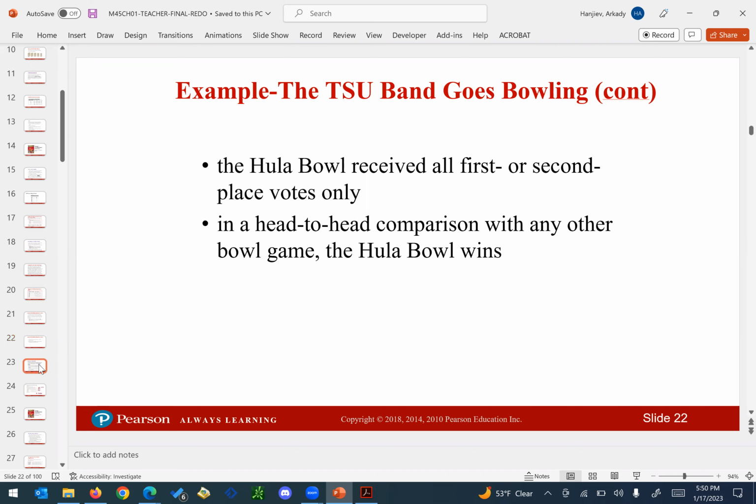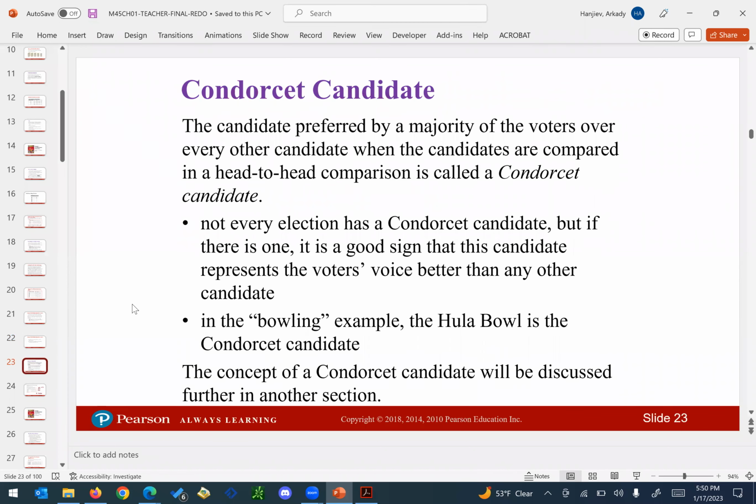It's called the Condorcet candidate. You'll have some examples on the homework, but let's read it here together. The candidate preferred by the majority of the voters overall, when the candidates are all compared to each other in a head-to-head comparison, is called a Condorcet candidate.